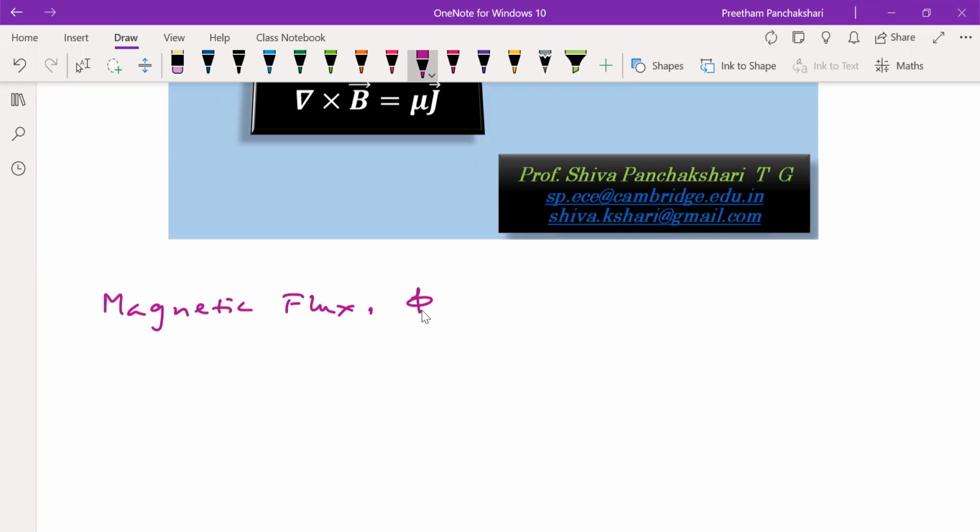Magnetic flux is denoted by the symbol phi. It's a scalar quantity.